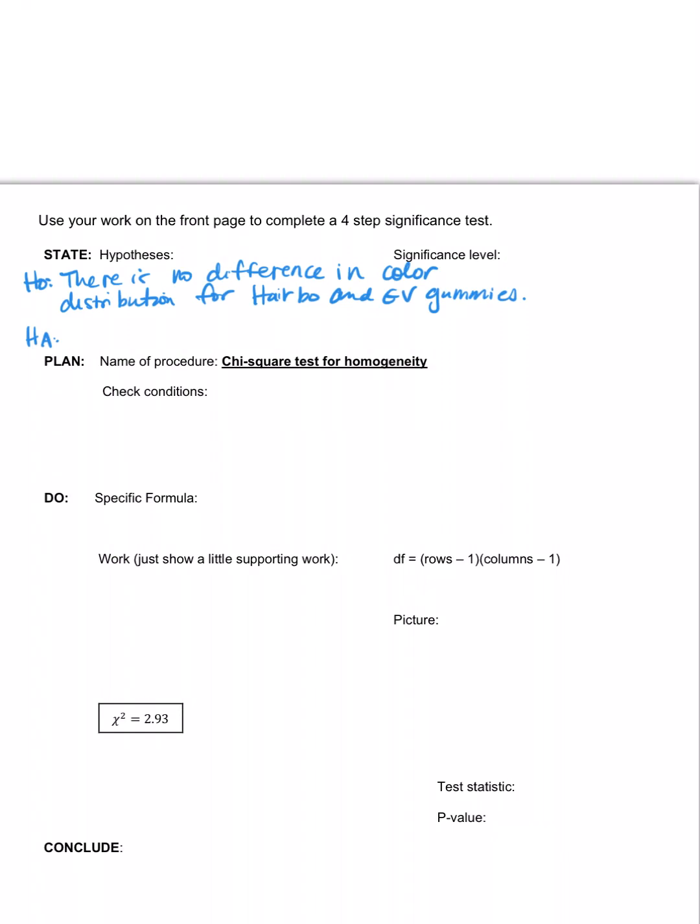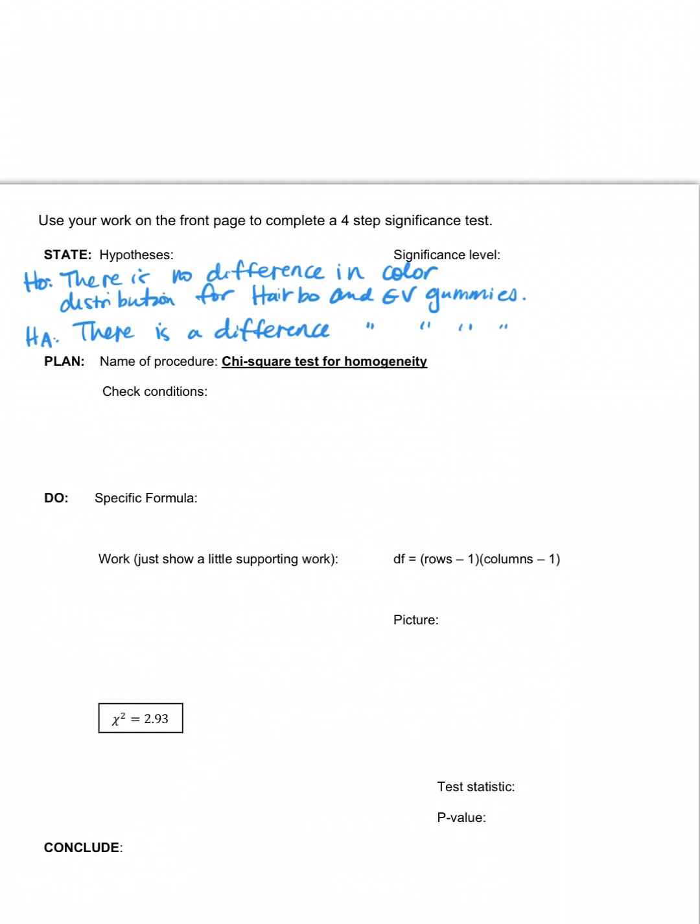If that's my null, what would the alternative be? There is a difference. Good. And this is where I could put in the ditto marks. By the way, we only use the ditto marks in our hypothesis statements. We don't use them further on in the question, in the conclusions. We're not that lazy.